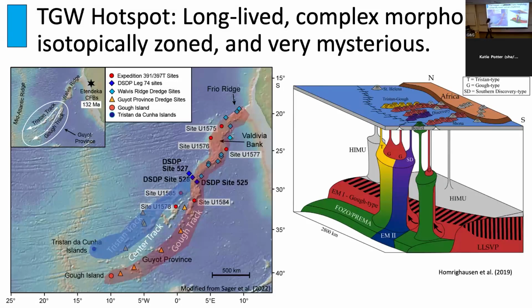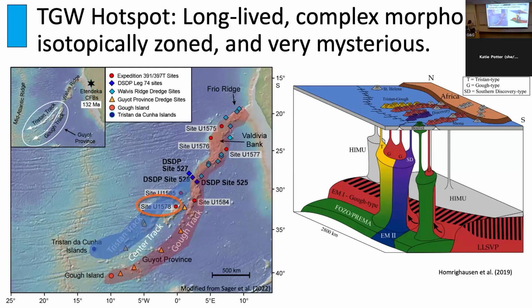So some of the models for explaining this are that the Gough track, that really long-lived compositional signature, is pulling from the LLSVP, which has this enriched composition. And the Tristan track is pulling from a different geochemical reservoir, which gives it that zoned character. And we don't really know what the center track is doing, whether it's its own distinct source or whether it represents mixing between the Tristan and Gough samples.